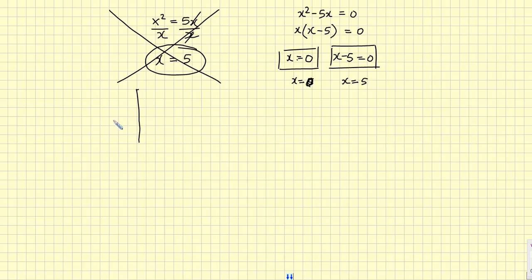So this parabola actually has an x-intercept at 0, 0, and then another one at 5, 0. If I say that the answer is only 5, that means it only has one x-intercept, and that's not the case because this parabola has two x-intercepts.